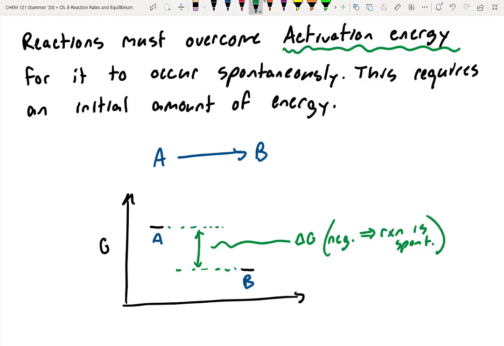All right, but this isn't the full story. Like I said up above, reactions need to overcome an initial energetic barrier in order to occur. So what ends up happening is you have some sort of energy profile that looks like this. And what we have right here is this initial hump that we have to overcome. This initial hump is called the activation energy.